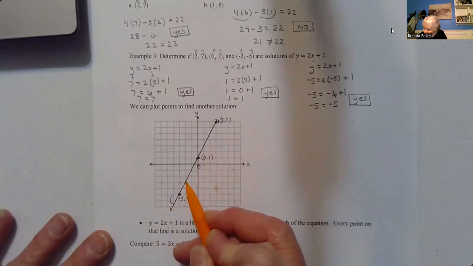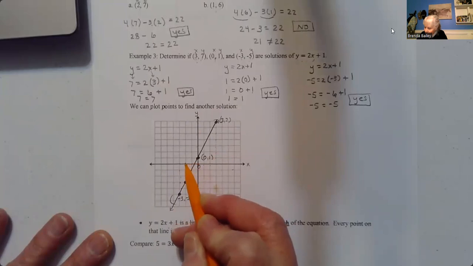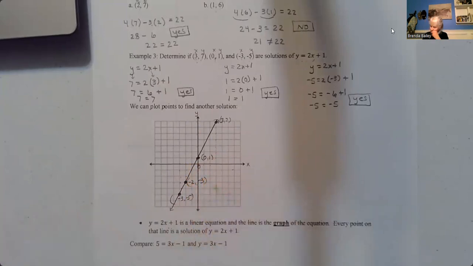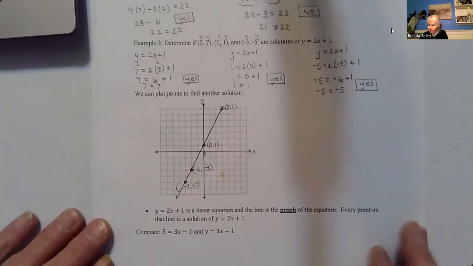You could find another solution that would work in that equation, such as (-2, -3). Yes. So if you were to put a -2 in for the x and a -3 in for the y, it will be a true solution.